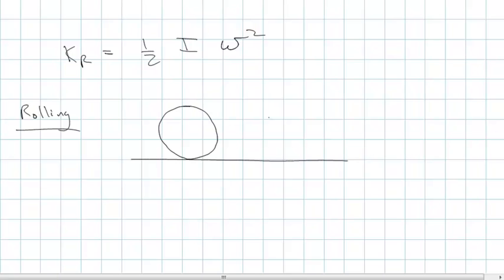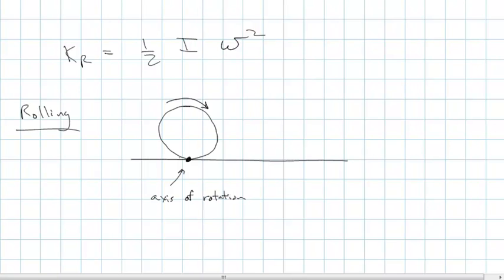And what's really happening at any instant in time is that there's rotation about an axis of rotation that's right there. This whole thing is rotating about an axis of rotation here. And that's fairly complicated to figure out. Coming up with the rotational inertia is not easy.